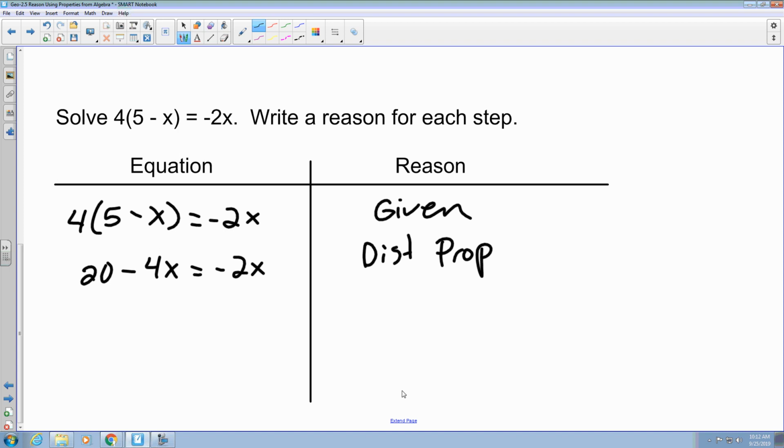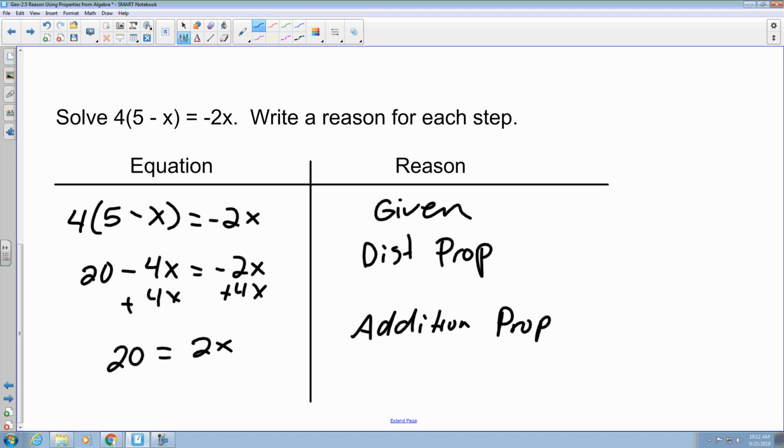Next, we can now say get all variables on one side. In order to do that, I've got to add 4x to both sides. So now I have 20 is equal to 2x. Because I added, it's the addition property of equality.